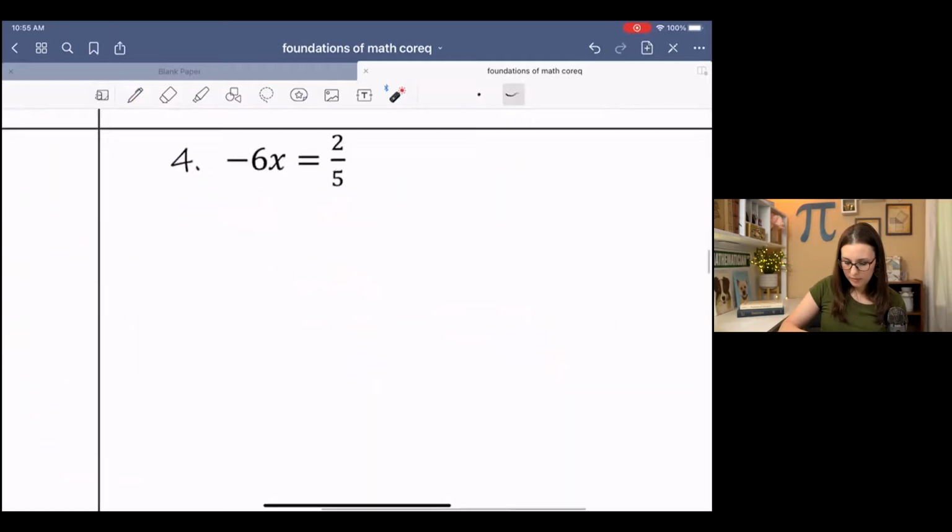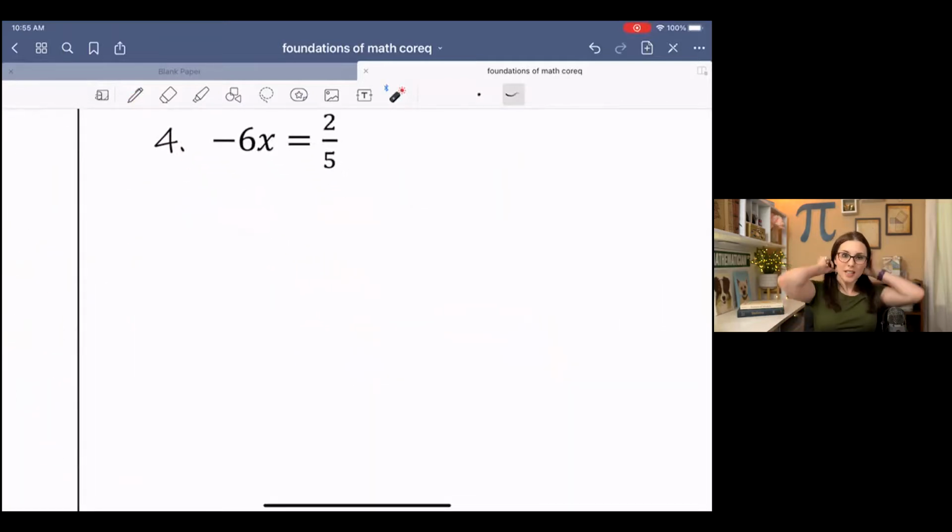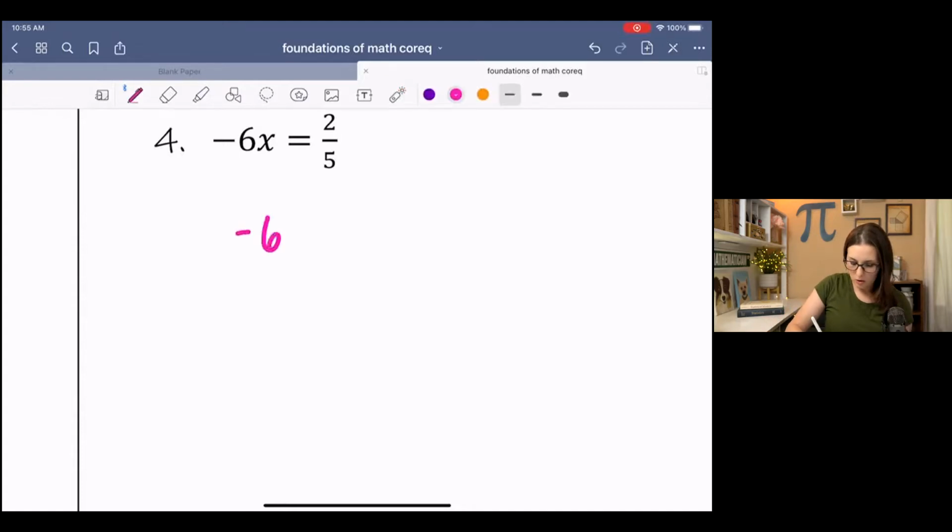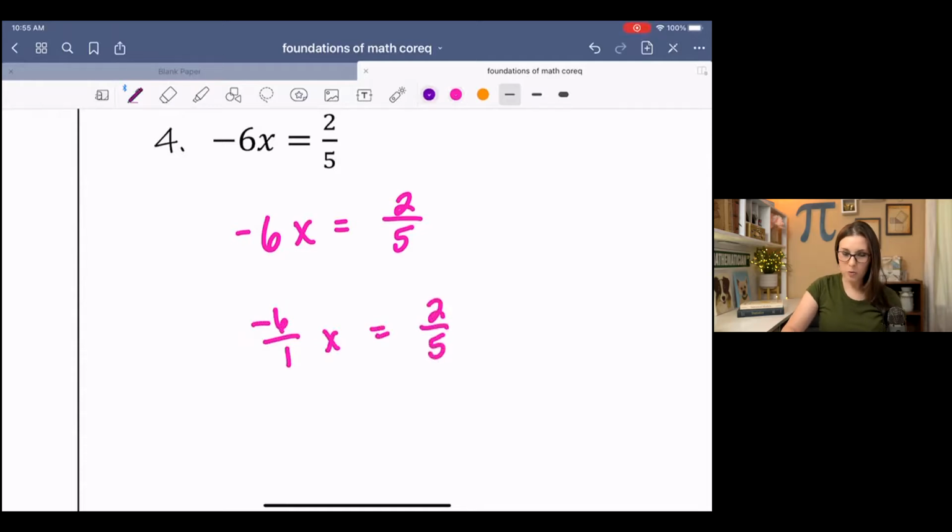Last one. We have -6 times x equals 2/5. So I'm going to rewrite it out. -6 would be -6/1. So if I were to multiply by its reciprocal, that would be -1/6.